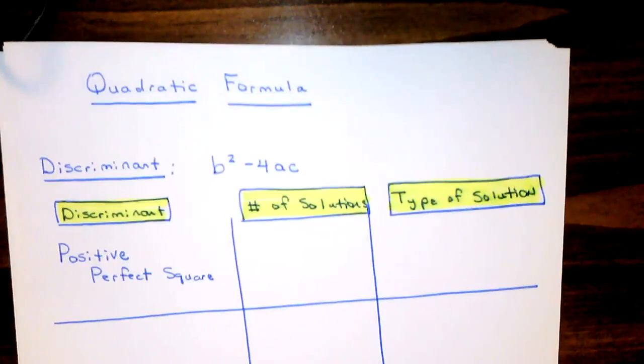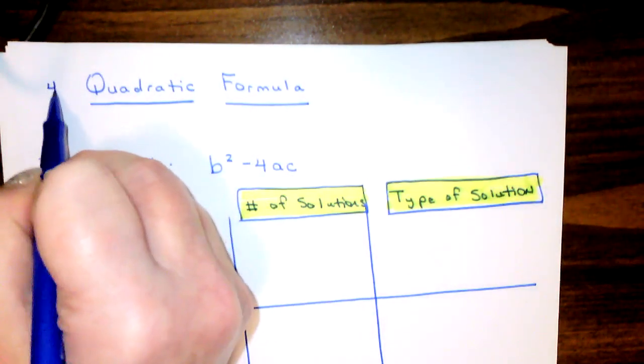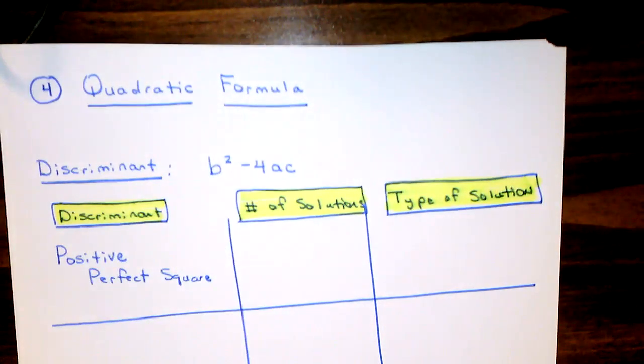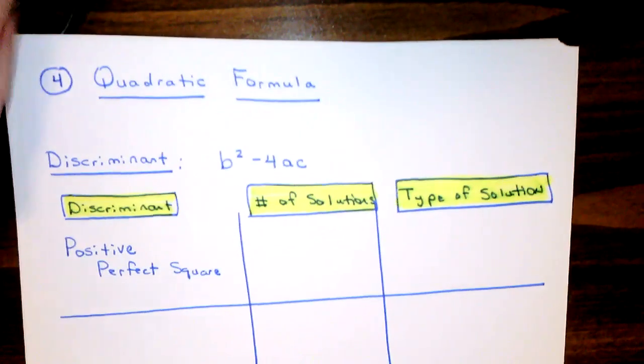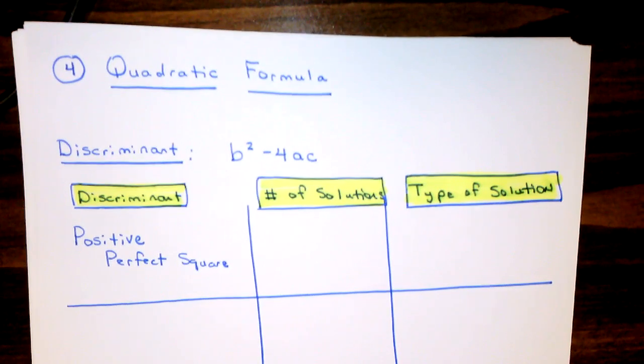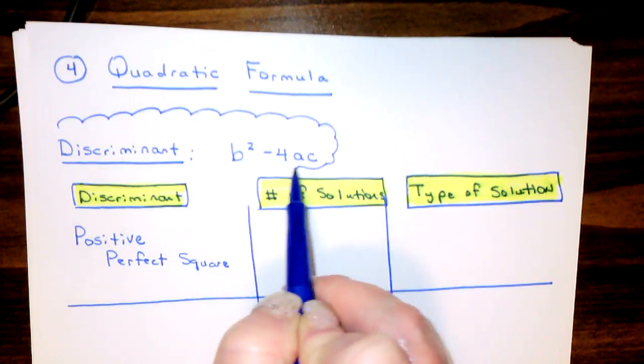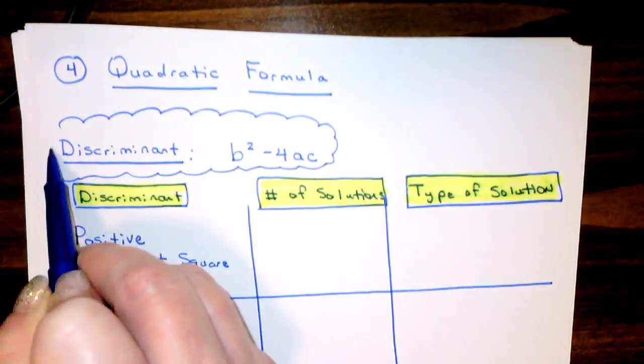Okay, the next thing we're going to discuss is the fourth way to solve a quadratic. And the good thing about the quadratic formula is it always works. So the first thing we're going to look at with the quadratic formula is called the discriminant. So the formula for the discriminant is b squared minus 4ac.